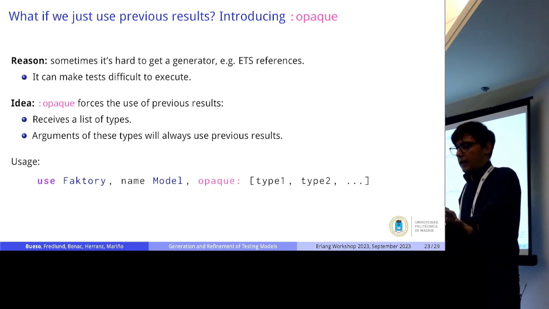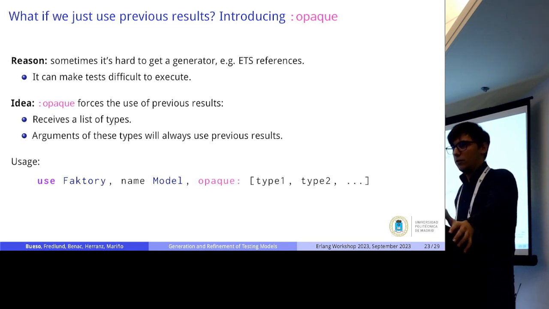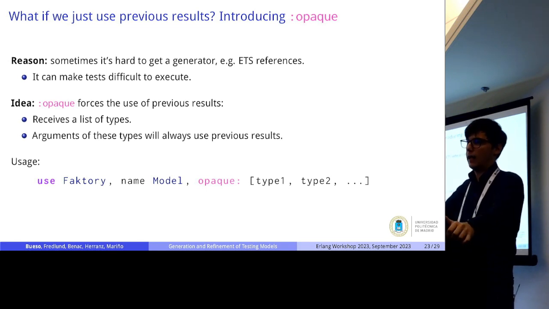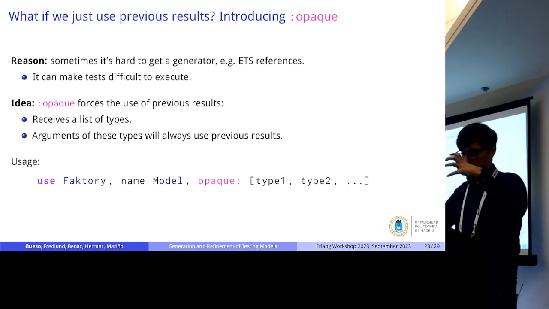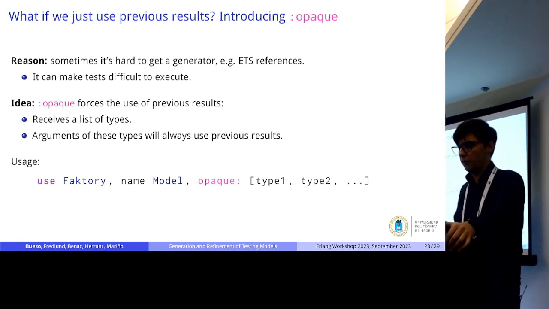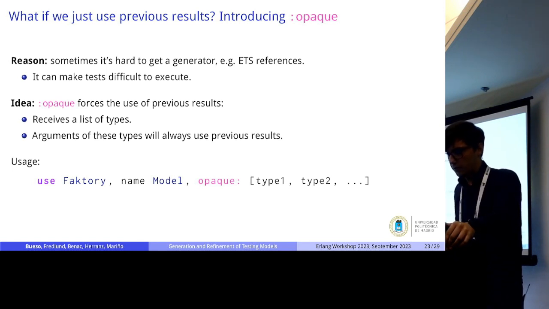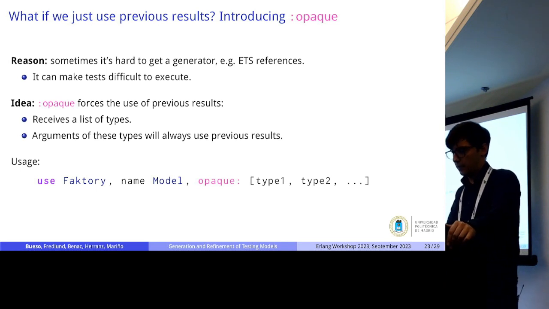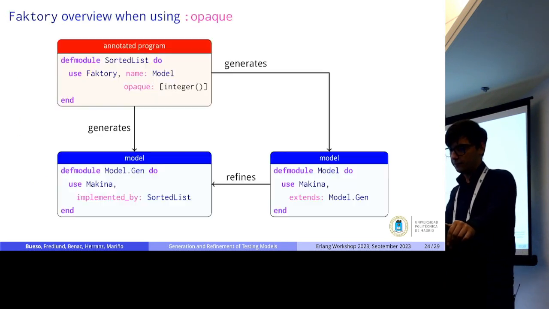So the idea of opaque is that it forces the use of previous results and receives a list of the types that are going to be used just from these previous results. And the usage is like that. We just pass those types in a list.